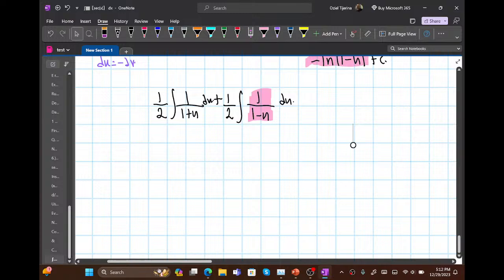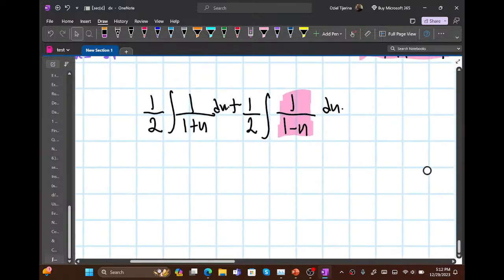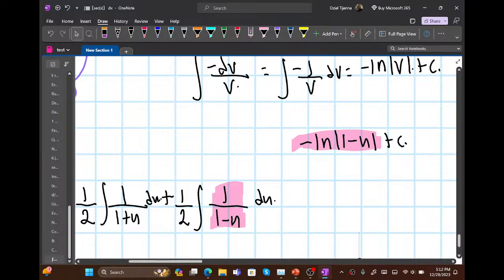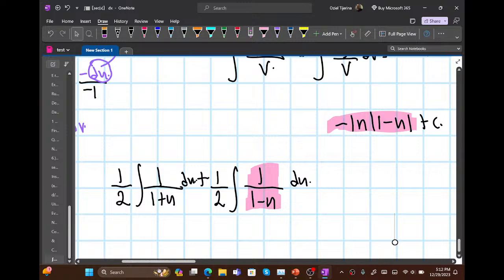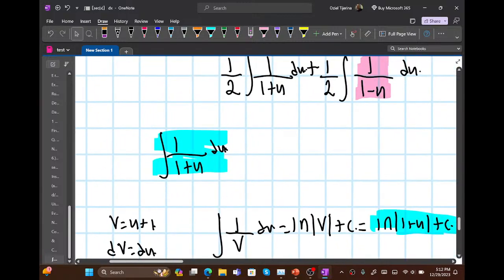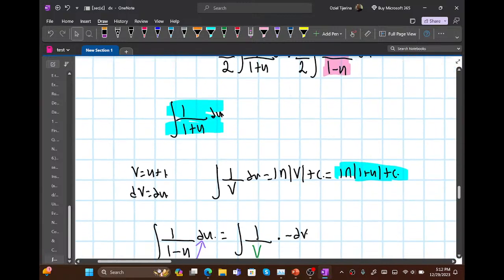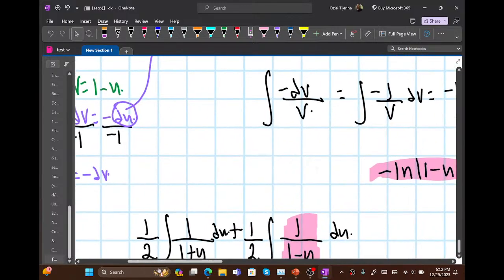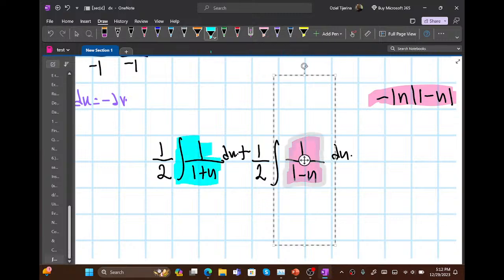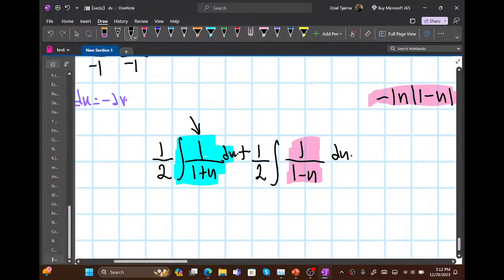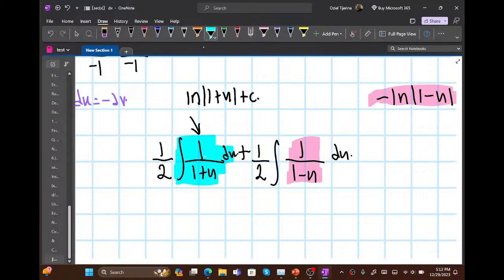Okay. Now, we're almost done. We're going to put this into that, we're going to put that in for pink, and then for the blue part, we're going to put the natural log of 1 plus u. So, for the blue part, this was this, okay?